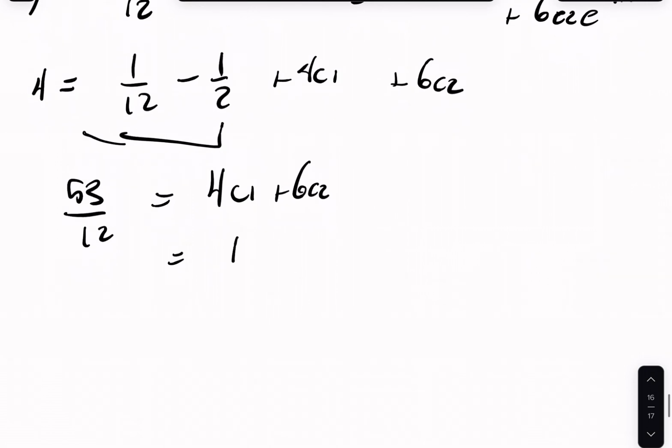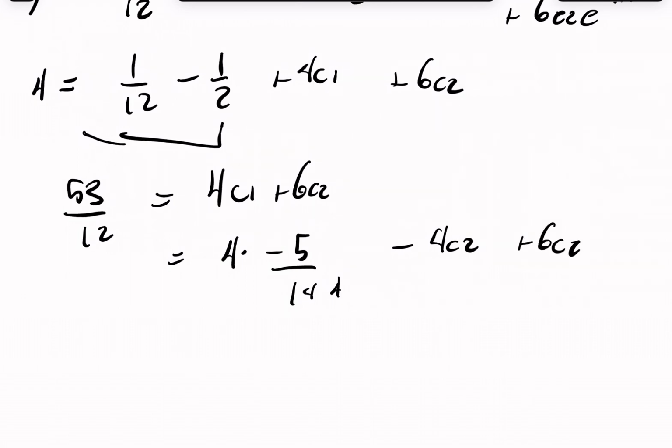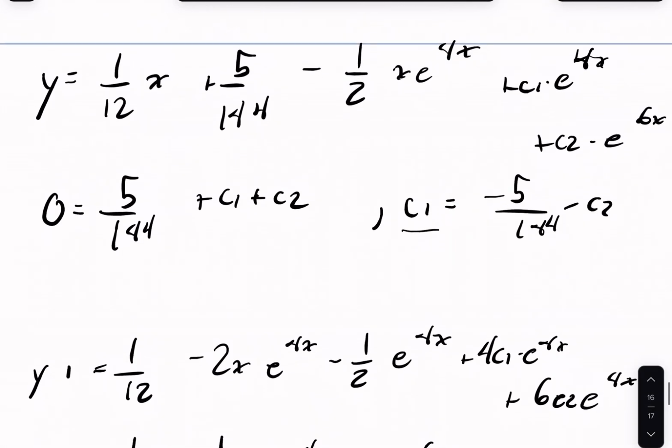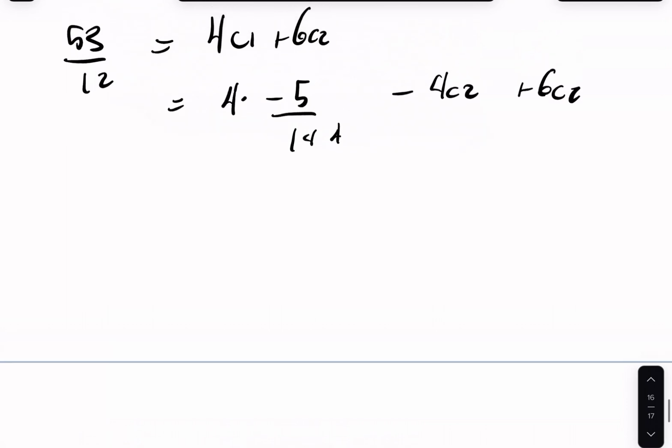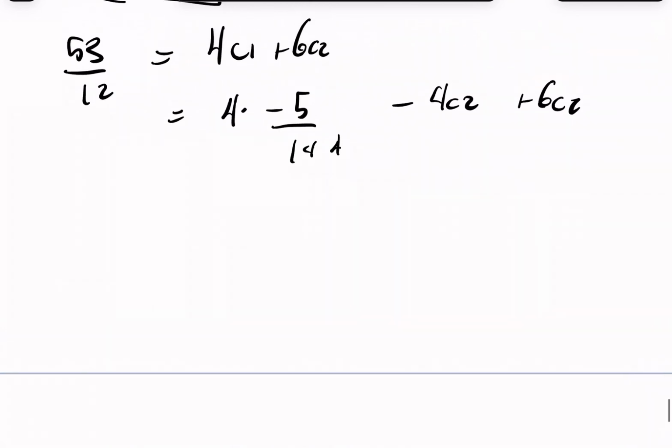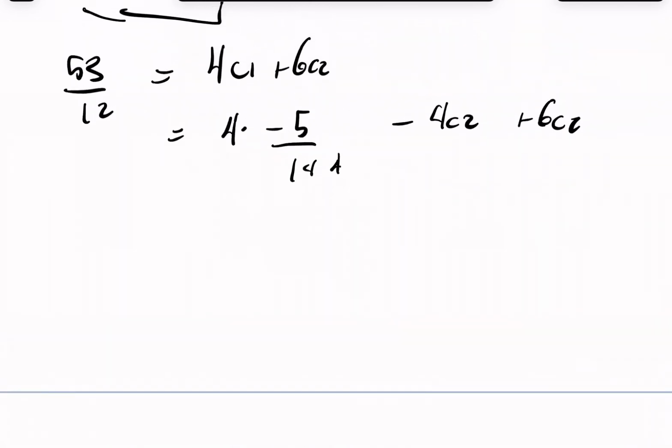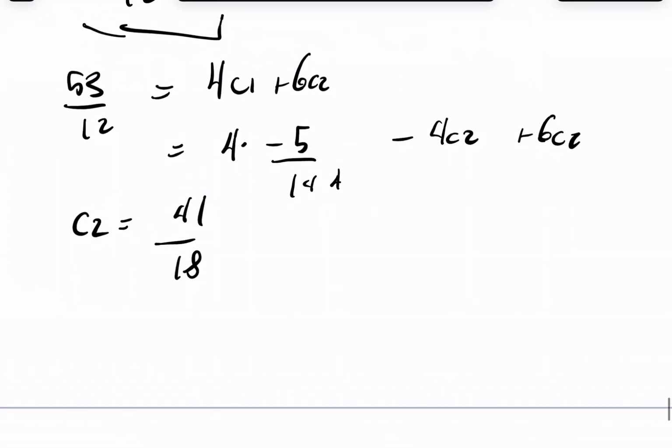So we're going to get 4 times negative 5 over 144 minus 4c2 plus 6c2. And then continuing, isolating for c2, we're going to get c2 equals 41 over 18. And you can move over and rearrange as necessary.